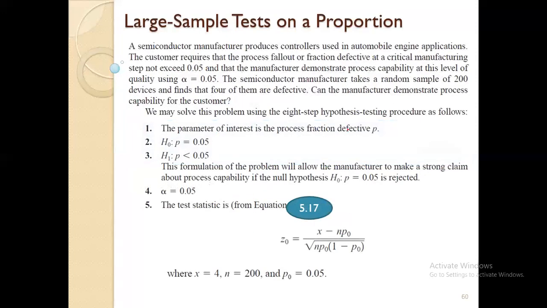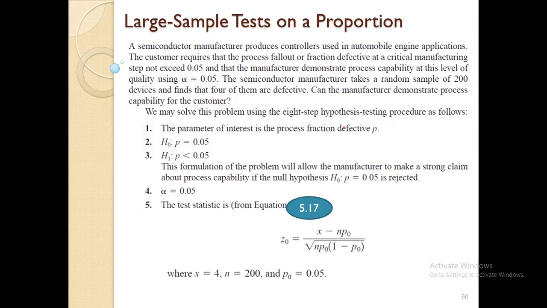Okay, for this example, we show you a semiconductor produced for an automobile engine, where the customer requires that the process fraction defective not exceed 0.05. This is the spec. The spec of the customer is that the defect fraction does not exceed 0.05.